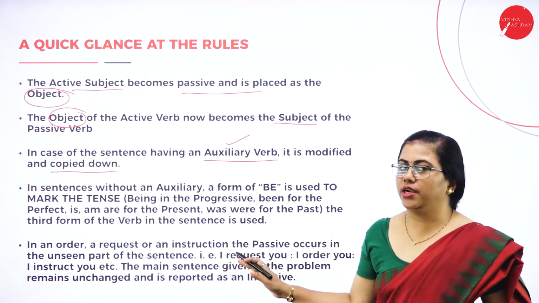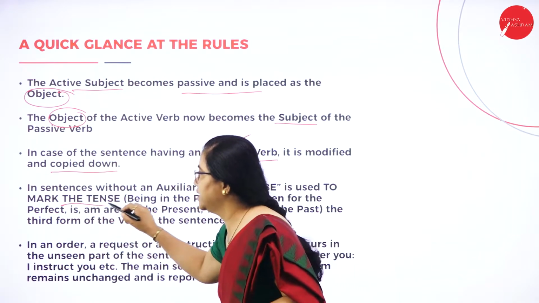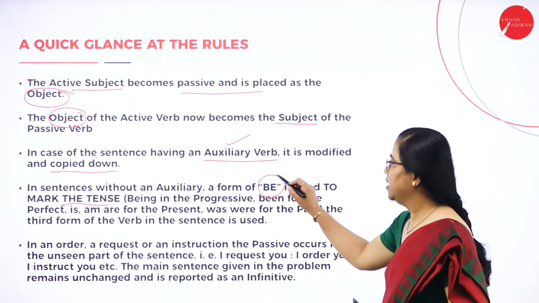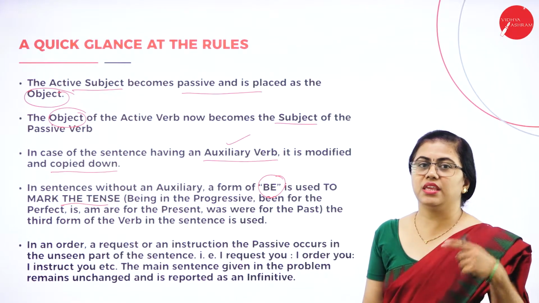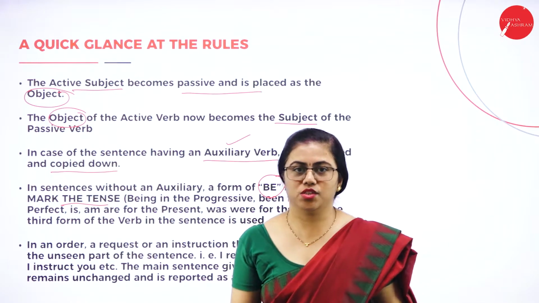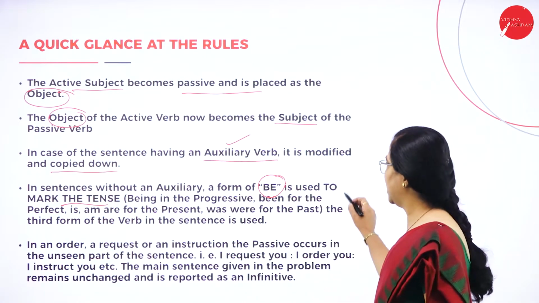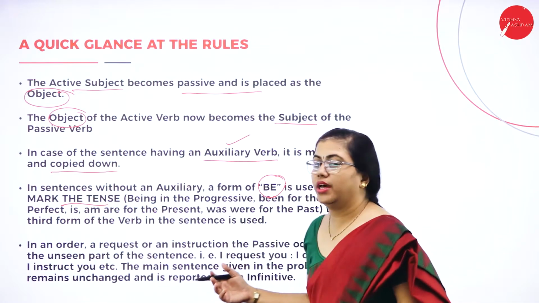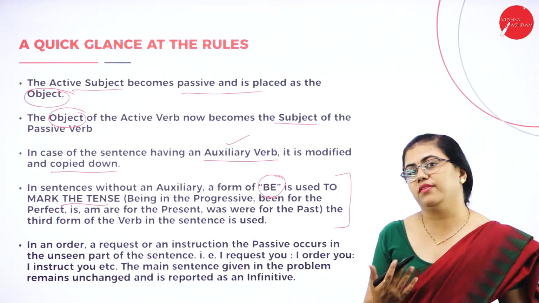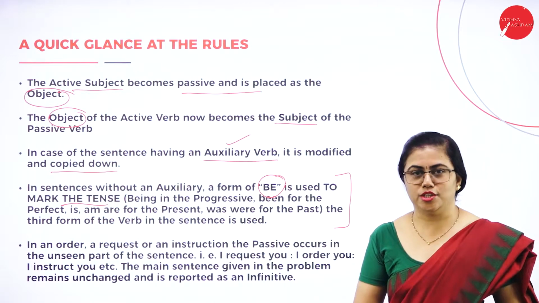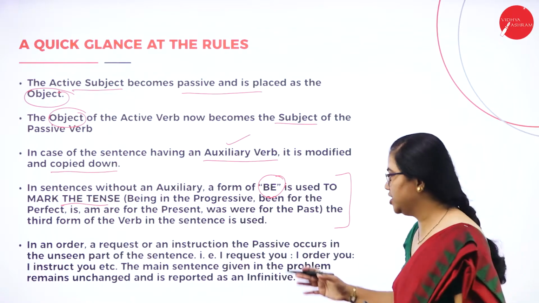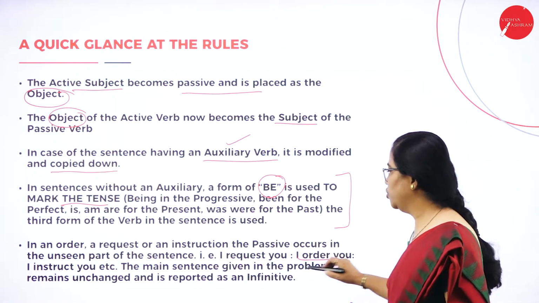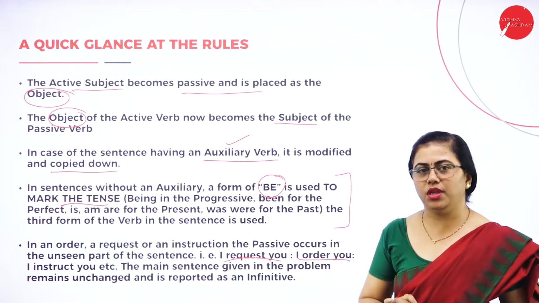Then we also learnt a few rules in the tenses, like where be has to be used. Be, been, being, all these were used. And whenever we are changing an imperative sentence, a request or instruction, to passive form, then 'I order you', 'I request you' have to be used.